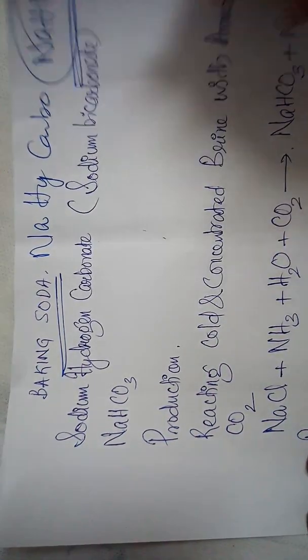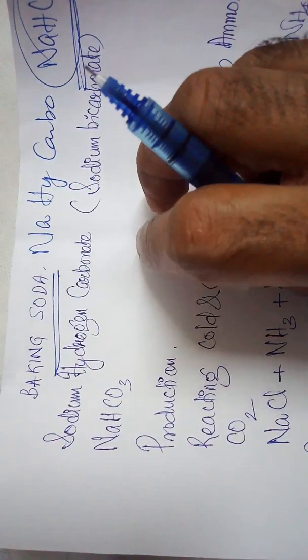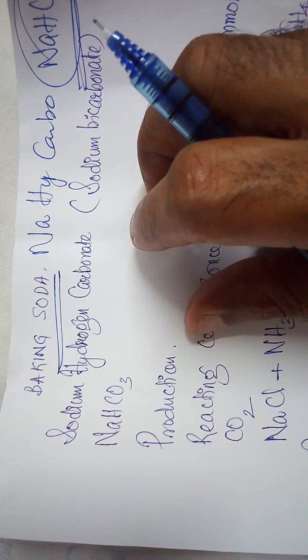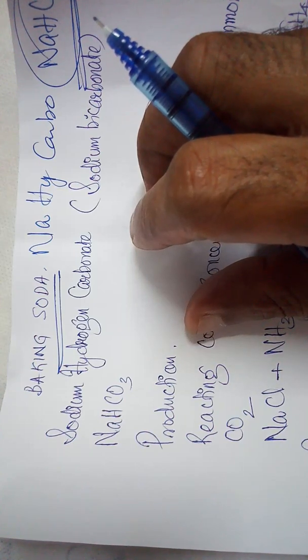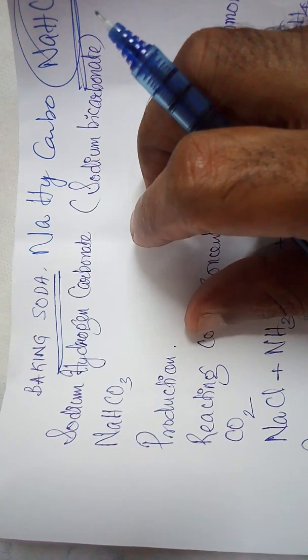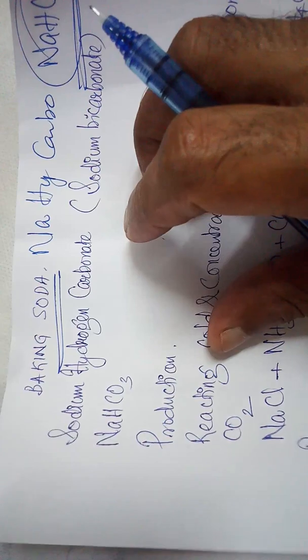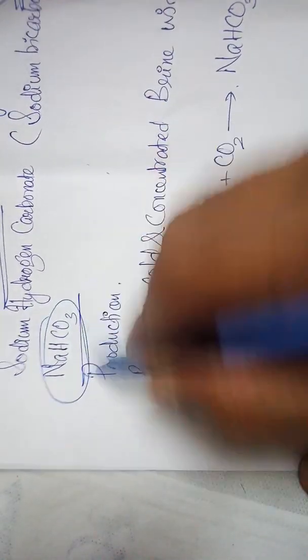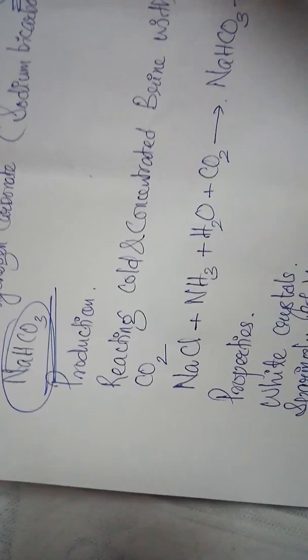This is the chemical formula of baking soda. Baking soda is added for faster cooking. Now we have to refer to the production of sodium hydrogen carbonate, otherwise we can say sodium bicarbonate.